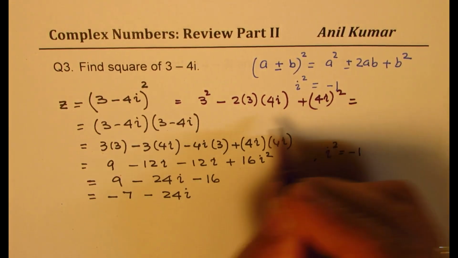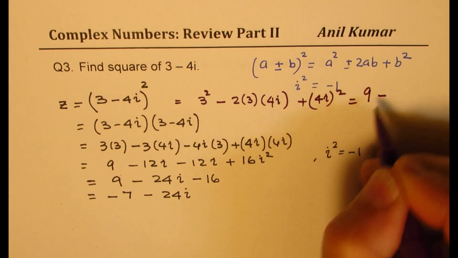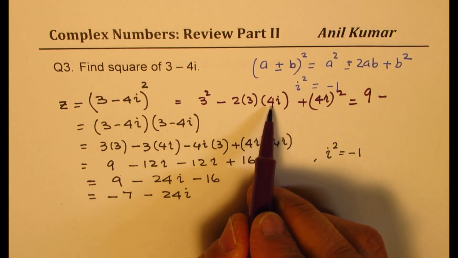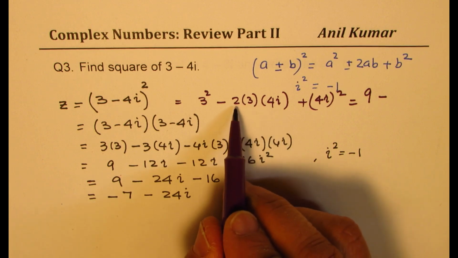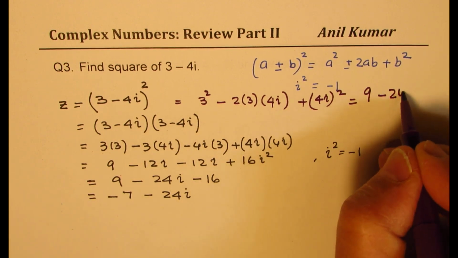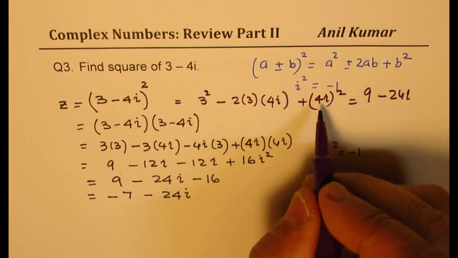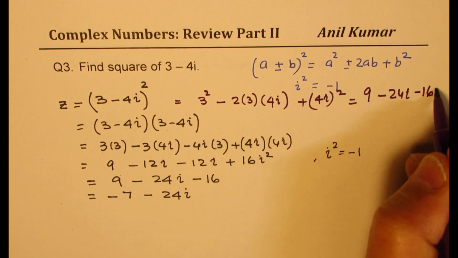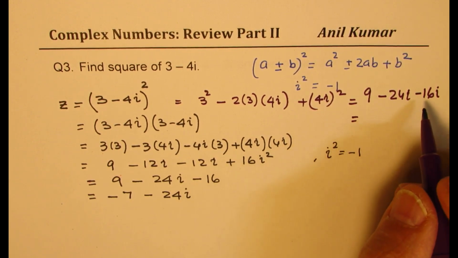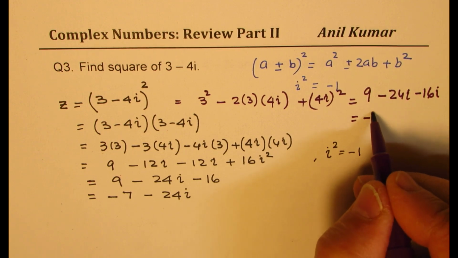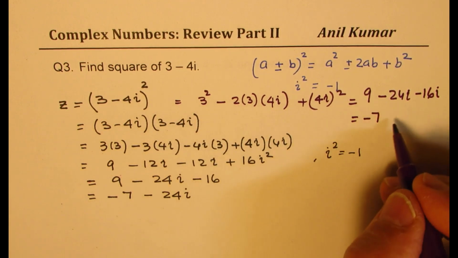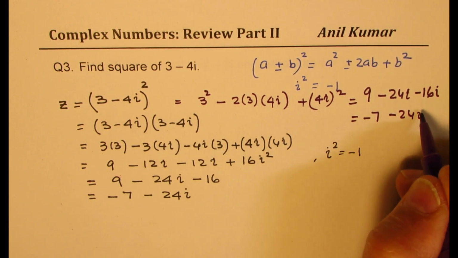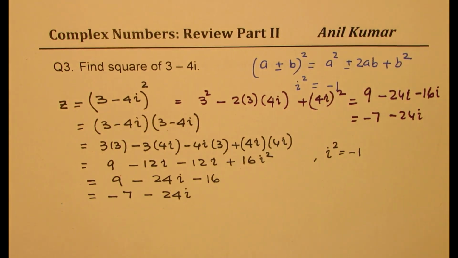So that gives you 3 square is 9 minus 4 times 6, 24i, and that gives you minus 16. So you get the same result, correct? So that is how you can do it directly or as we did. Perfect. Let's move on and take question number 4.